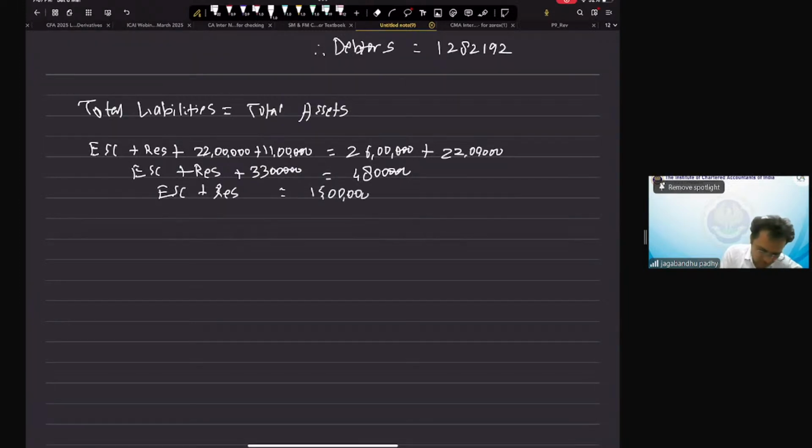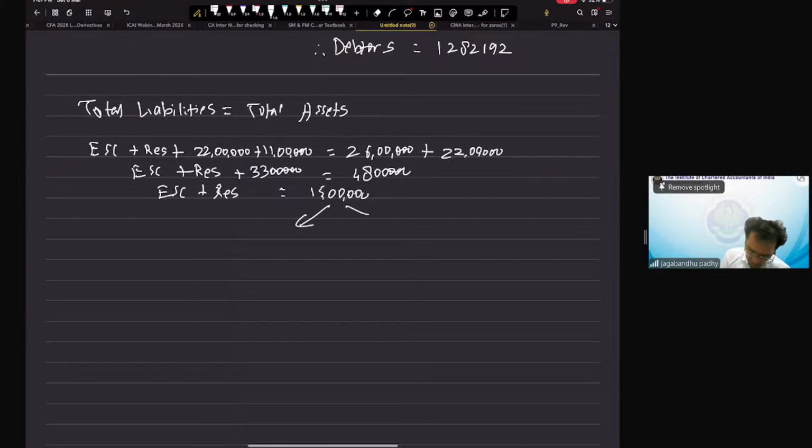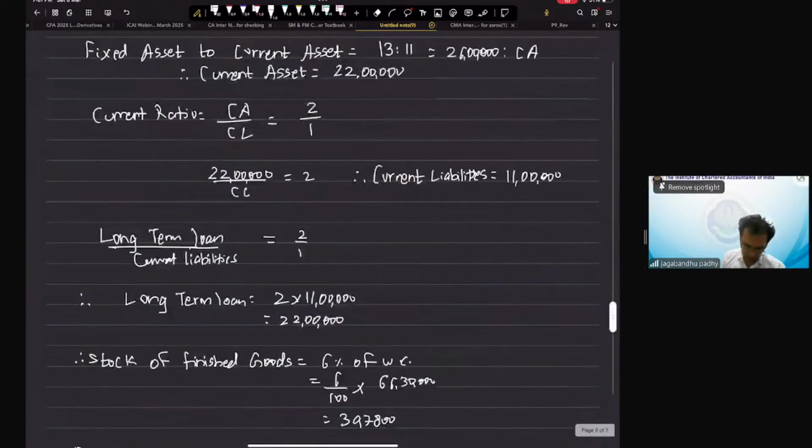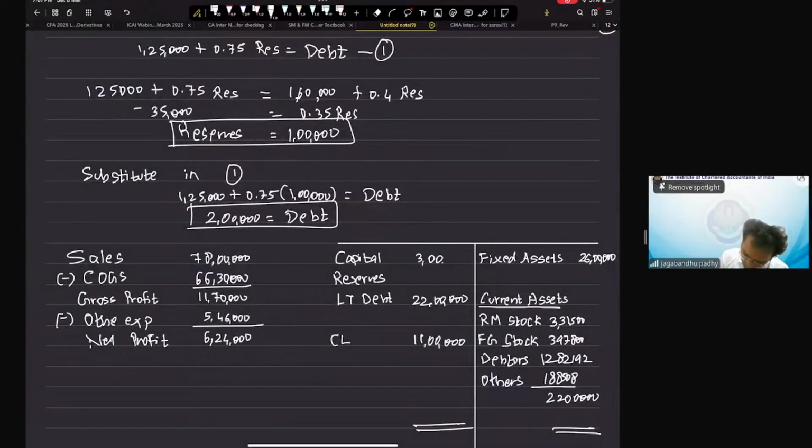Now this has to be distributed between equity share capital and reserves in the ratio of 1 is to 4, capital and reserves. 1 is to 4 means capital is 3 lakh and reserves is 12 lakhs.